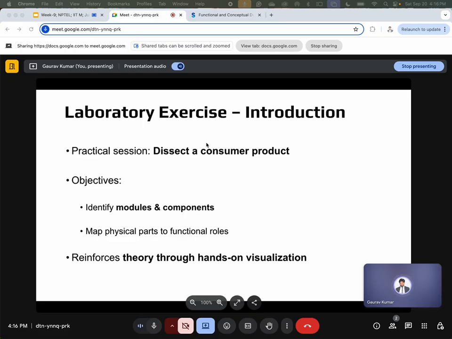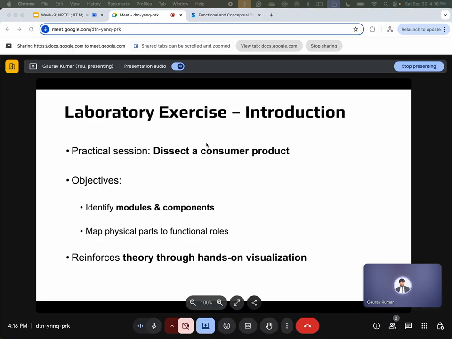The exercise involves identifying the physical modules, analyzing their functional roles and mapping these findings against the theoretical model of the product architecture. This process develops critical observation skills and builds a deeper appreciation for the structure of everyday products.